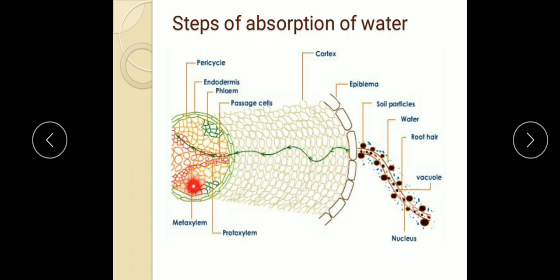Now from the root xylem, water goes up to the stem xylem, because these xylem units are connected with each other. So understood, students, how is water absorbed through the root cells?